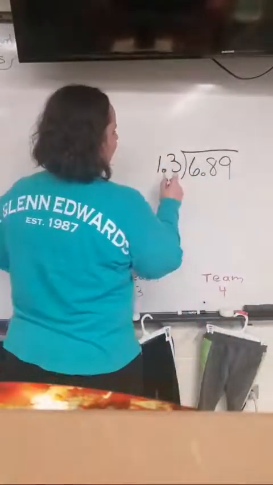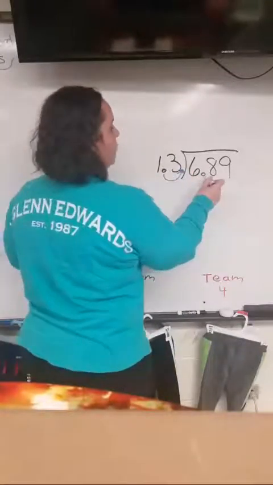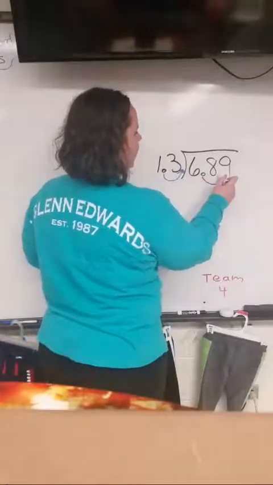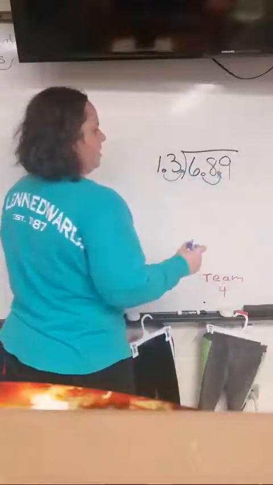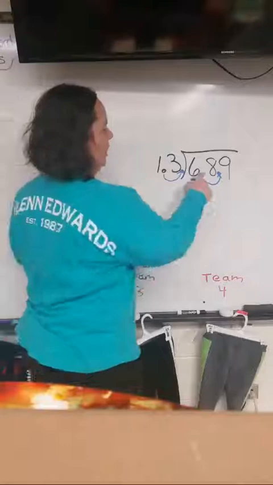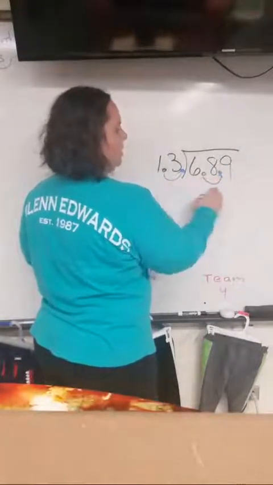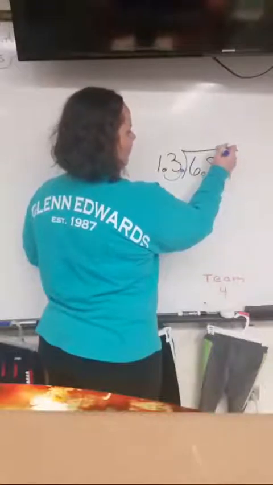So I'm going to slide here to make my divisor a whole number. But what I do to the outside, I have to do in math. So it goes here. Now, I'm going to do this all in this problem, so you see it from start to finish. So now that I've slid my decimal point over one place, because what I do outside, I got to do inside, I'm going to raise it up.